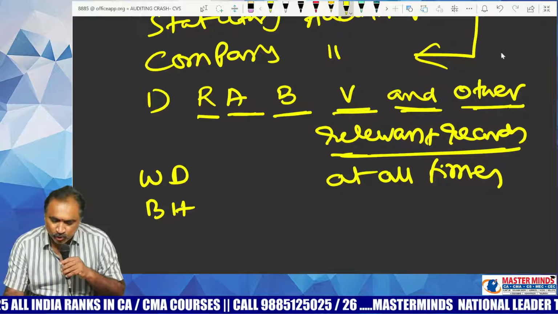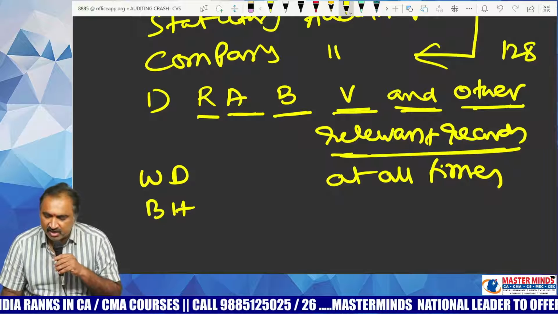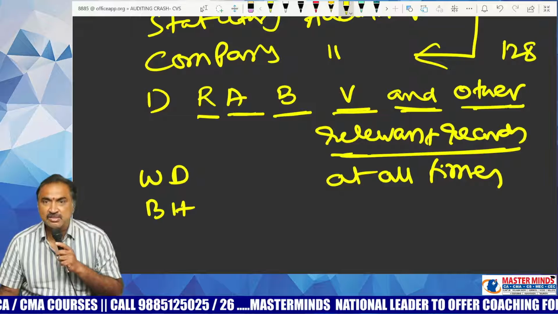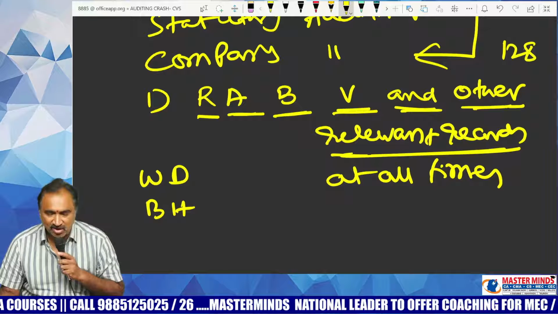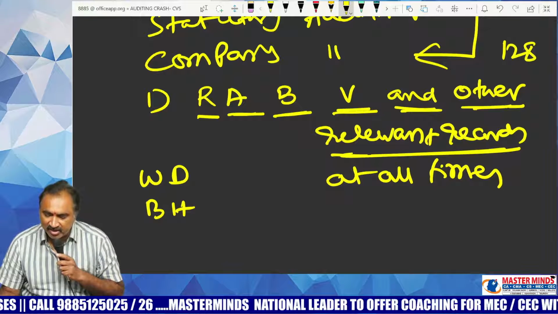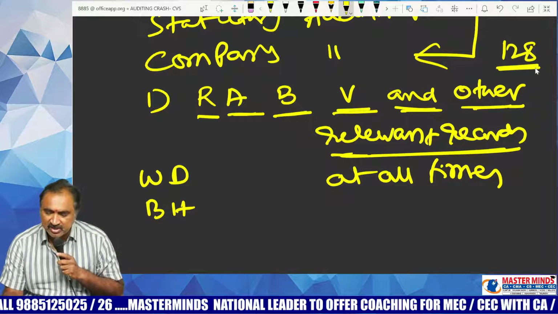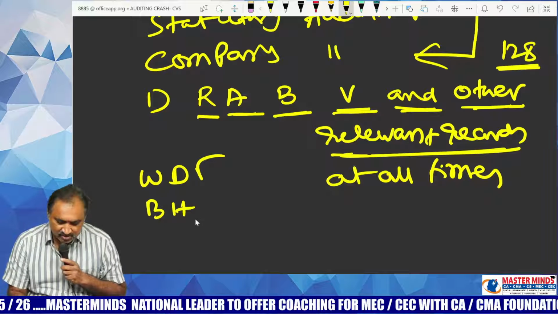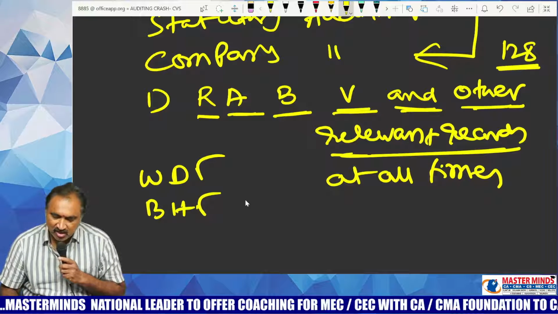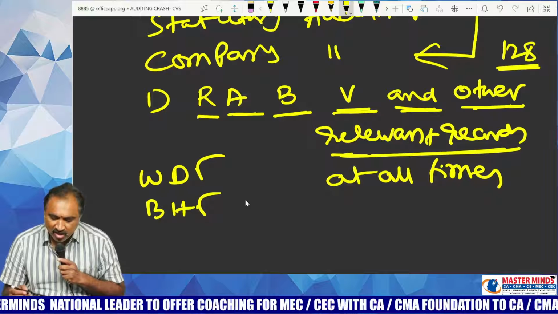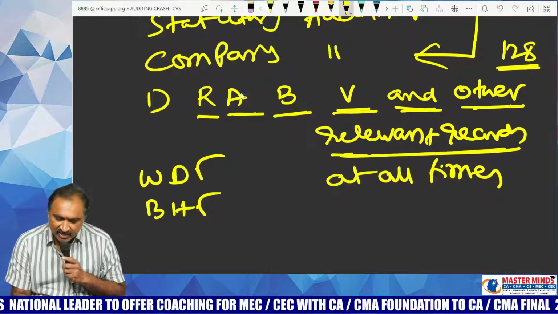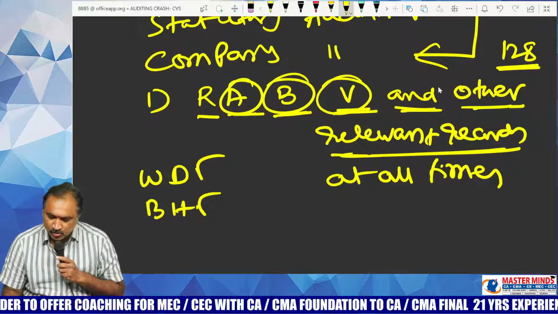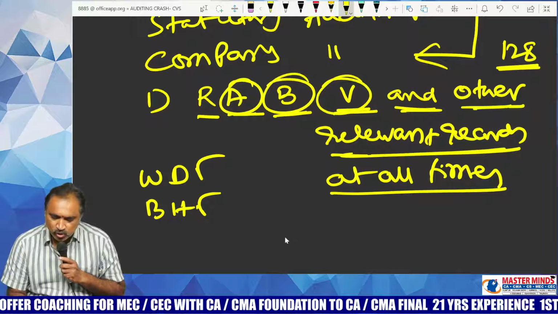As already said, Section 128 of the Companies Act deals with provisions relating to maintenance of books of account and other related records, wherein I told you that the company is required to maintain its books at its registered office. So during working days and business hours, as the statutory auditor or company auditor, you always have a right of access to books, vouchers, and other relevant records. So at all times here implies only during business hours.